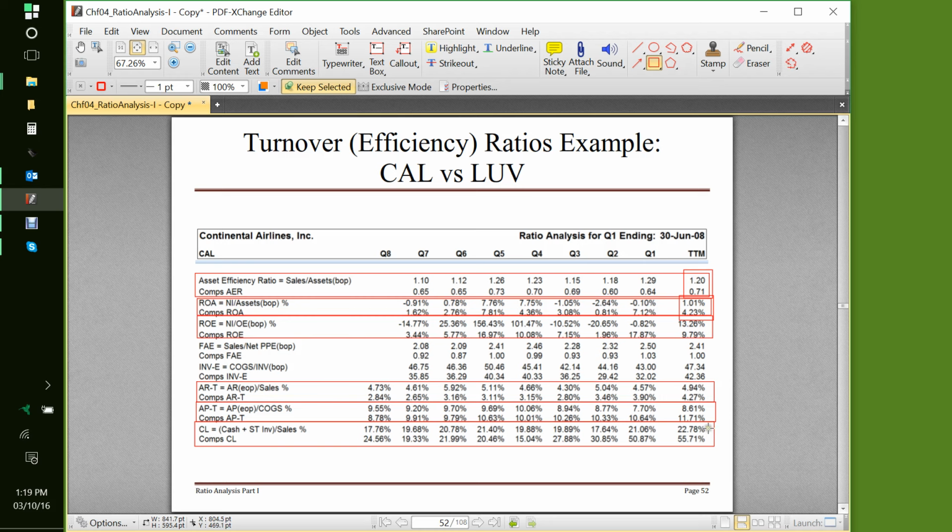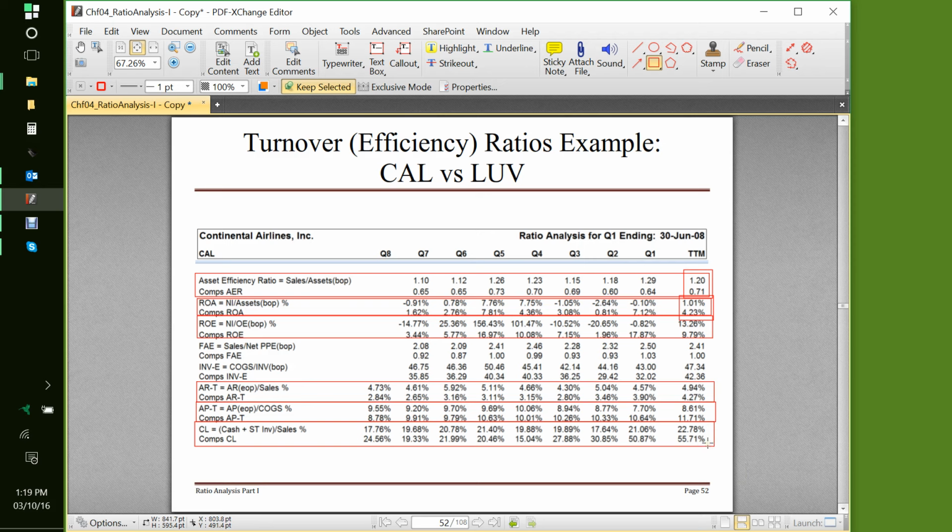It's probably prudent for Continental to have a nice pile of cash on hand, which they do with this 23% cash level ratio. Southwest, and again, we haven't completed the analysis and you don't have enough experience to know this, so I don't think it's a fair question to ask of you all. It's more sort of an MBA student type question after they've already had a course in corporate finance.